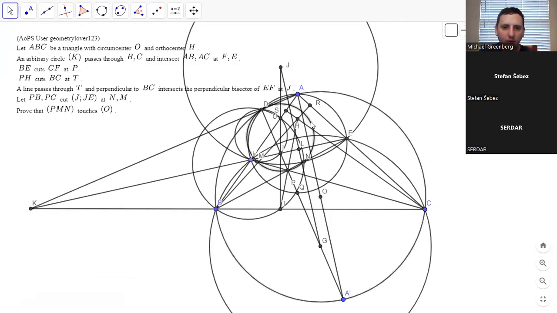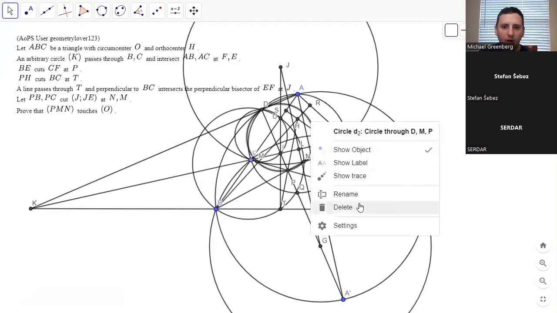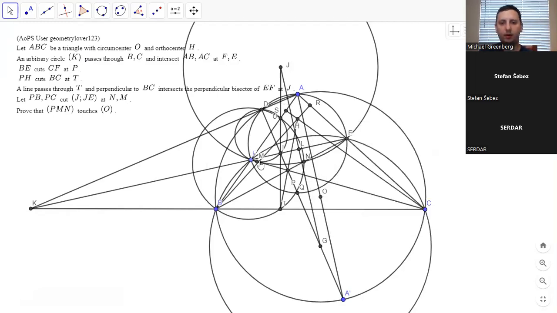Okay, I assumed M is on it, then I proved M is on it. Oh, you assumed M is on this circle? Yeah, my proof is wrong.